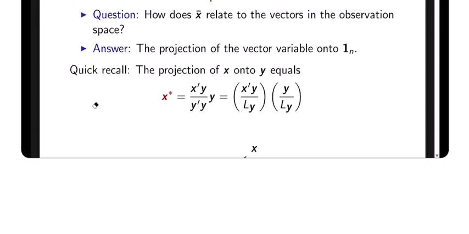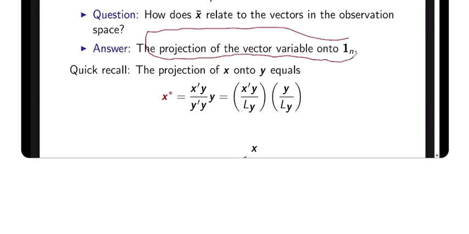Don't forget, one of our intentions here is that we want sample geometry to provide us an understanding about how random sampling behaves. If you want to know how random sampling behaves in a high-dimensional space, you need to first understand how the sample mean relates to the vectors in the observational space. Statistically, the sample mean is a function of observations. Why? I need to add the observations and divide by n to get the sample mean. That is the relationship we're talking about. But we want to look at that geometrically. How? Let's take a look at that. Now, if I want to answer that question, this is the question.